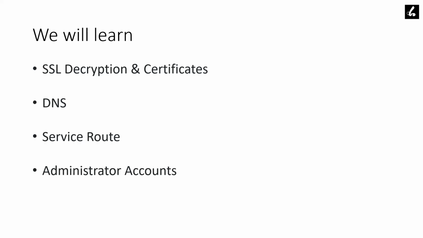Panorama means an external device there. Palo Alto uses it if you have to implement policies, but here we will use the GUI to apply those policies. We will not have any external box for Palo Alto.